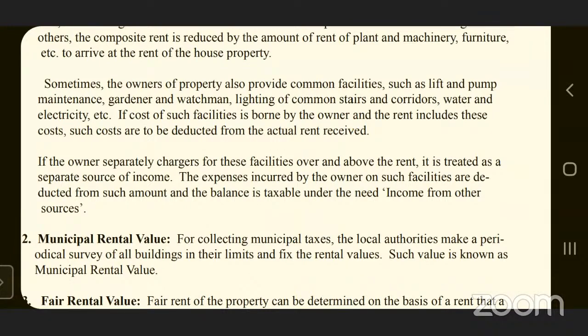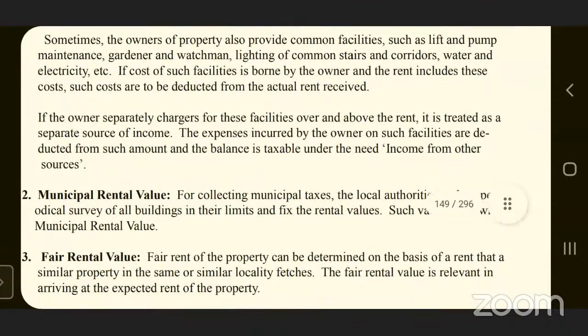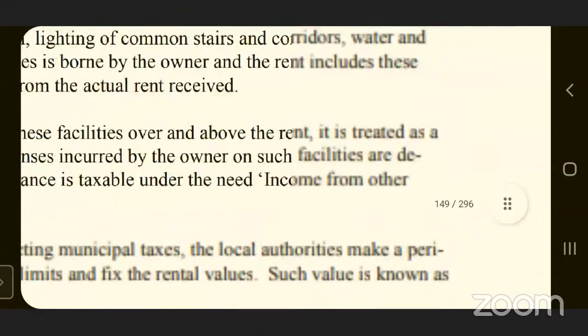For example, 1500 or 2000 may be the service charges he is collecting from the tenant. But in the actual situation, he may not spend that much, say, 800 or 500 only. Whatever excess amount he is charging from the tenant is also not covered under income from house property. It is treated as income from other sources.